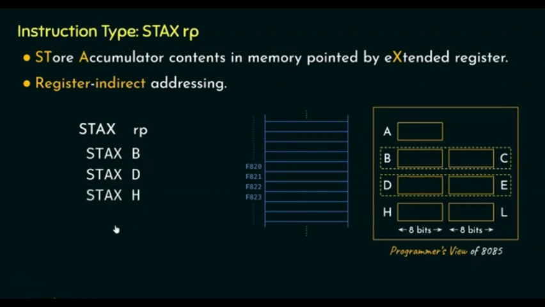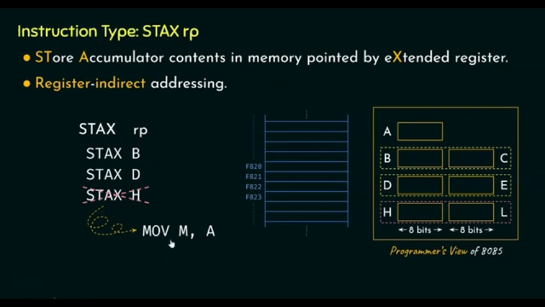Just like LDAX H, we also don't have any such instruction in the 8085 microprocessor. And the reason is also quite similar. We already have the instruction MOV M,A. Notice, this is the opposite of the previous instruction that we had. In the previous case, instead of LDAX H, we had MOV A,M.